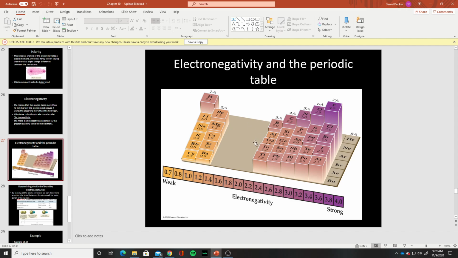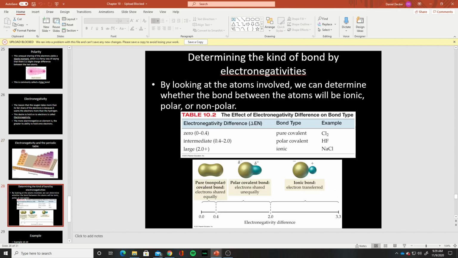But you should be able to determine if a bond is polar. If you remember, the cutoff for that is 0.4. So if the difference between the 2 electronegativities of the atoms in the bond is greater than 0.4, then that is considered polar.